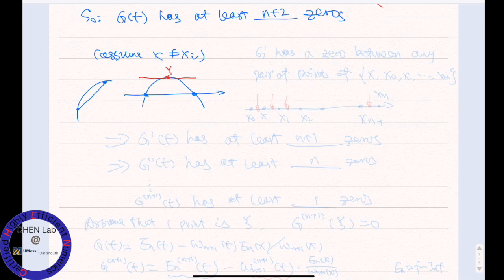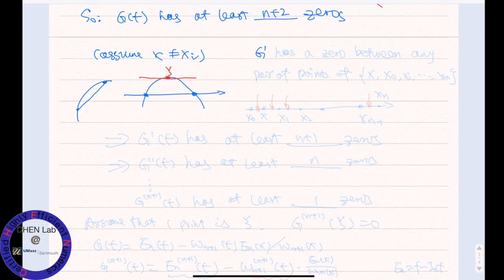Which means if we take the derivative, if x is somewhere among x0 to xn, those n plus 2 zeros, we can order them. We don't really know that particular order now, but that doesn't matter. Between any two of those n plus 2, you can find a point whose derivative is 0.